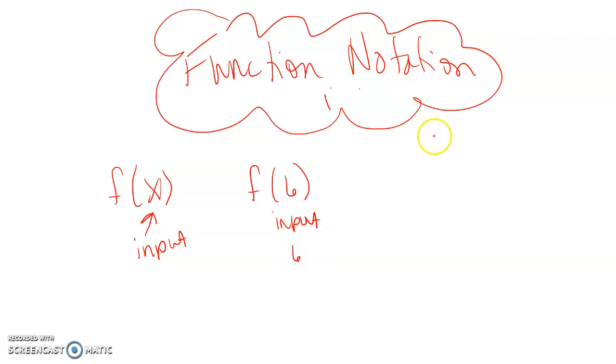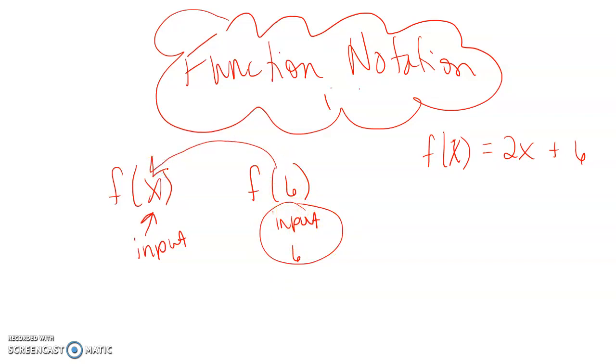Let's say my function is f of x equals 2x plus 6. If it tells me to find f of 6, it's telling me to input 6, and I have to input it into the x, okay?